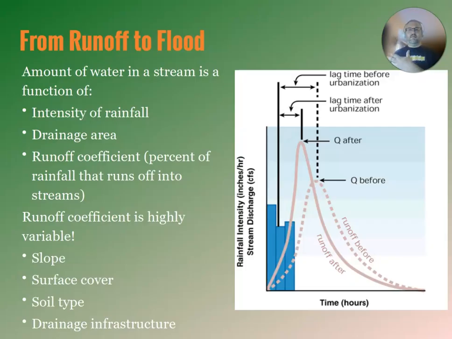It's going to have things like building roofs and pavement from roads and parking lots and that kind of thing. And what we find is that urbanized areas have higher runoff coefficients. More of that water is going to run off those areas towards the streams. And so in urbanized areas, our streams fill up bigger and faster than they do in more natural areas.